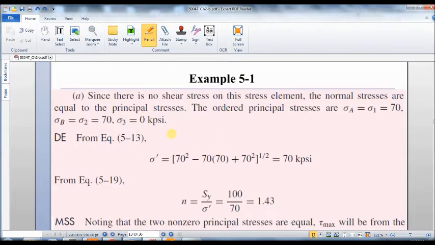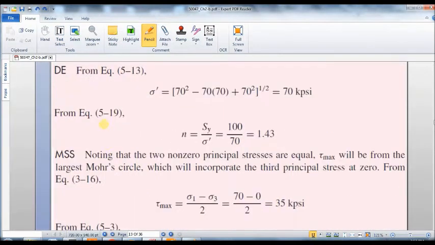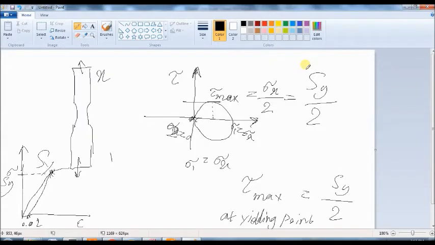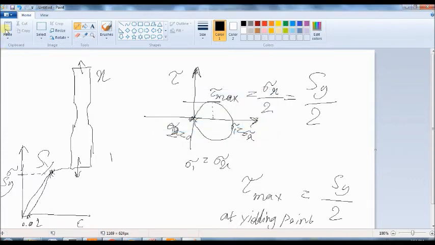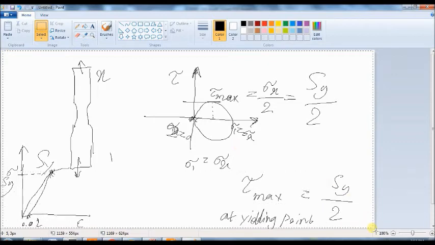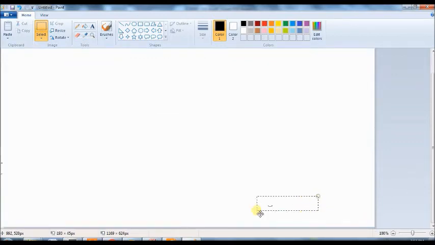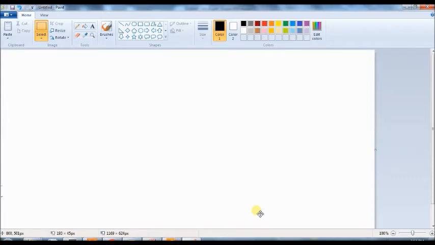As you can see here, we have two positive principal stresses. So let me explain the different cases that we will face in different states of stress. Normally we have three cases. In case one, we have two positive principal stresses.